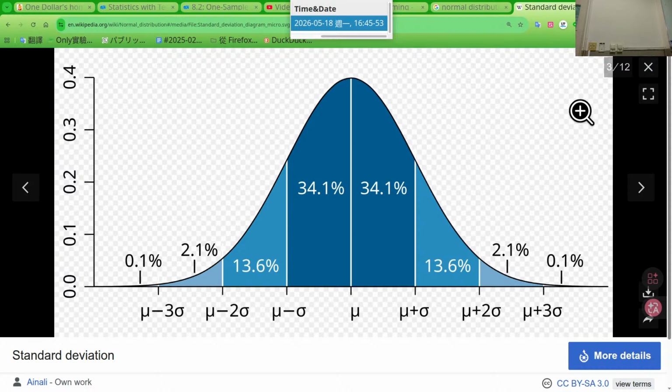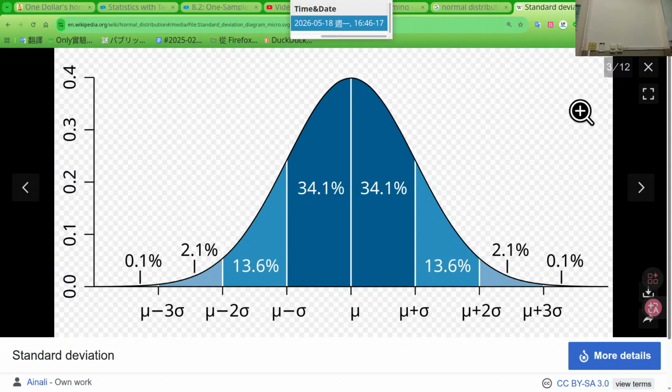And if we use the mean plus 2 standard deviations and minus 2 standard deviations, the range here will cover about 96% of the total population.